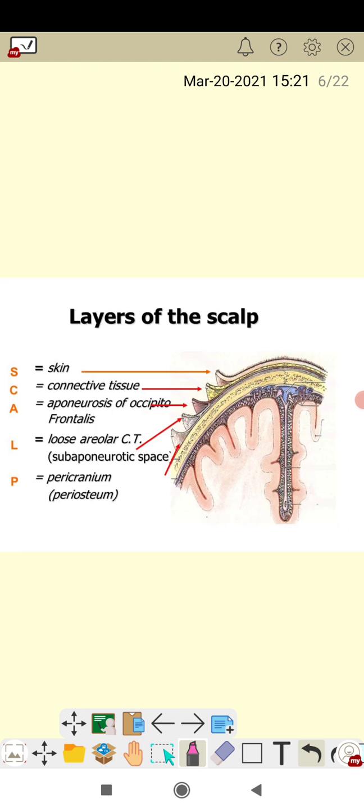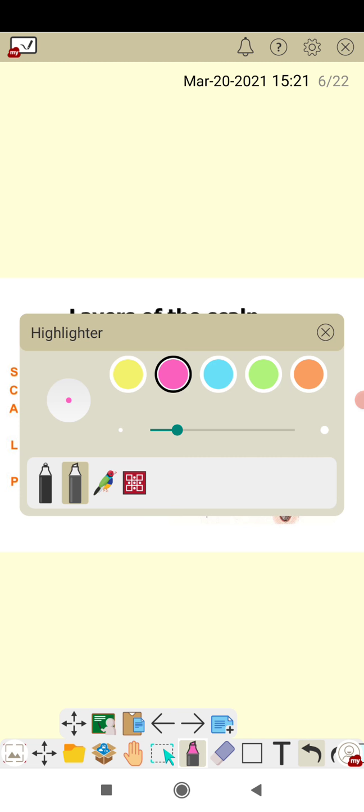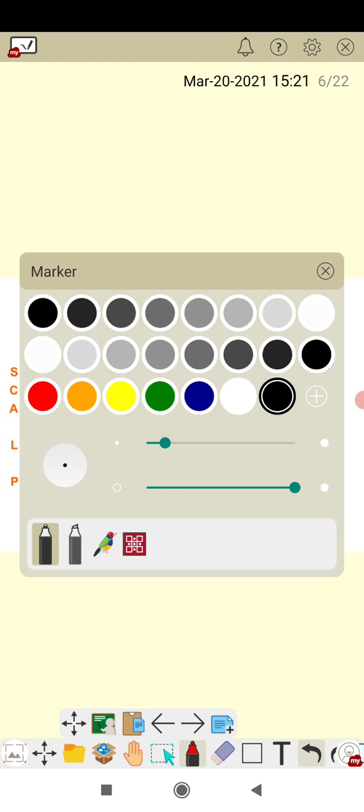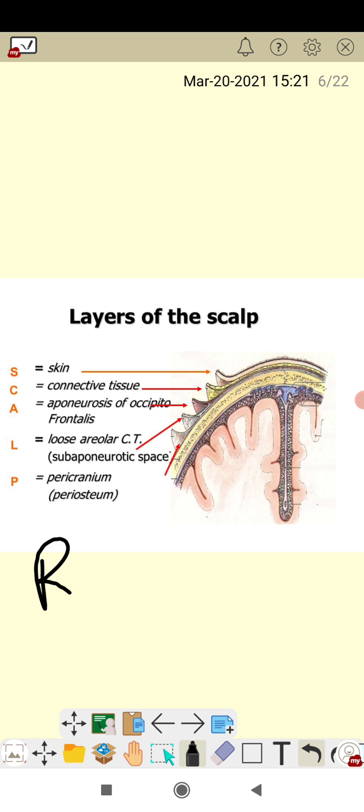Now, next is layers of scalp. In scalp, there are 5 layers. Mnemonic of scalp is SCALP. And in scalp, we read rule of 5.